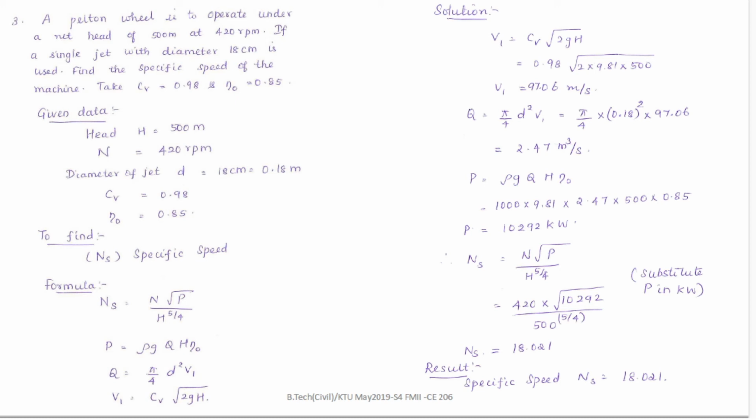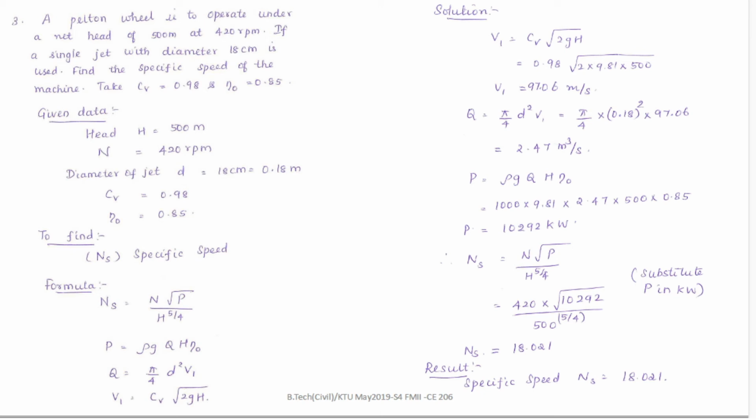Ns is equal to N into square root of P divided by H power 5 by 4. So simple. Ns is equal to N into root P divided by H power 5 by 4. P is the power we get from the turbine. One thing you have to keep in mind: if it is a turbine, we get power.